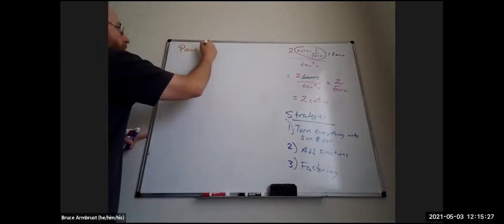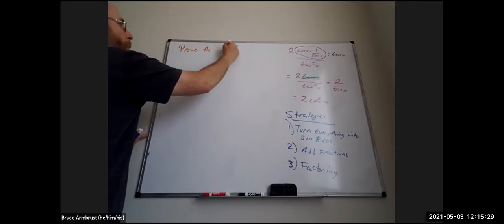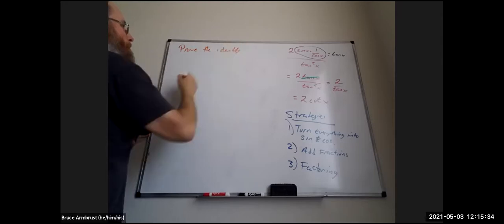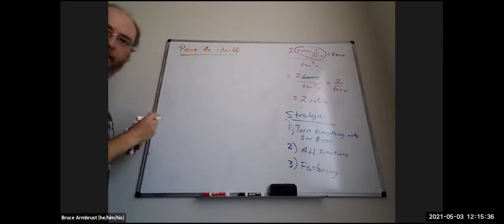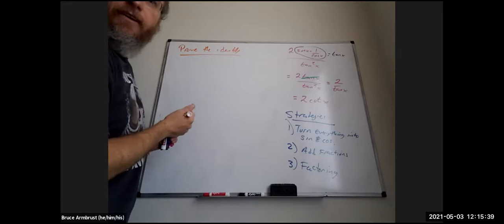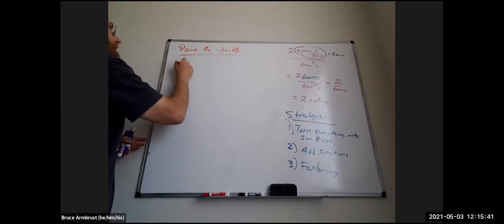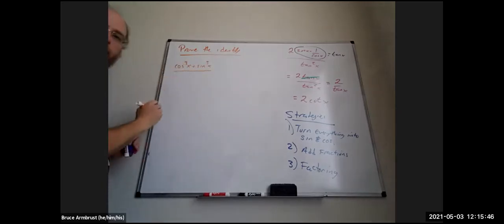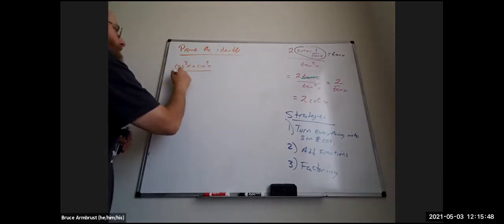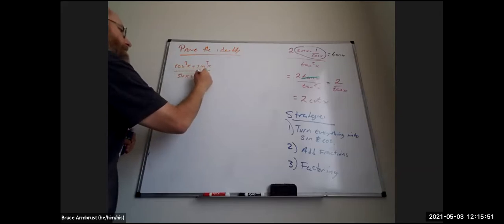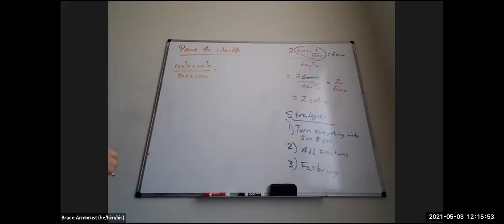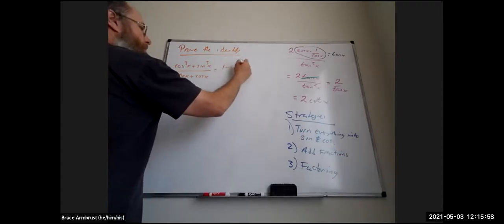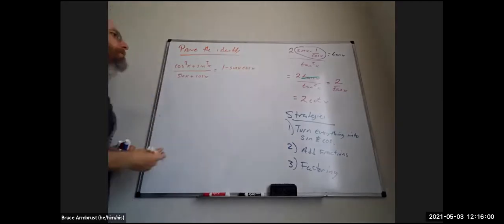So here's another one. We're going to prove the identity. And this one's going to look like cosine cubed x plus sine cubed x divided by sine plus cosine is equal to 1 minus sine times cosine.